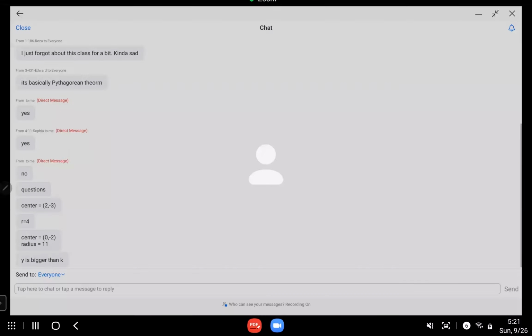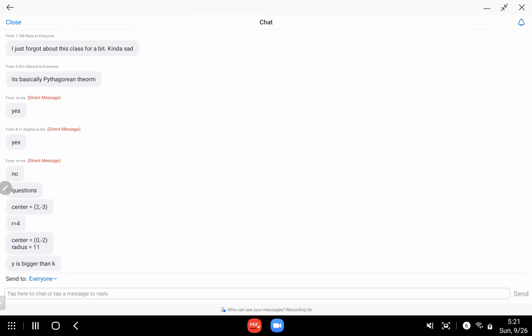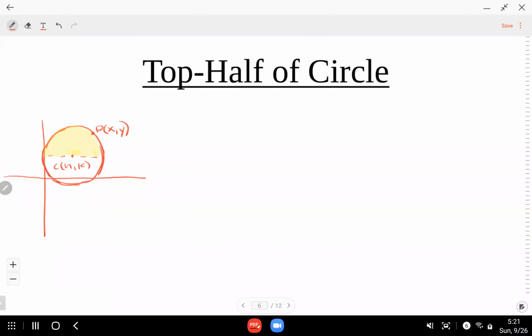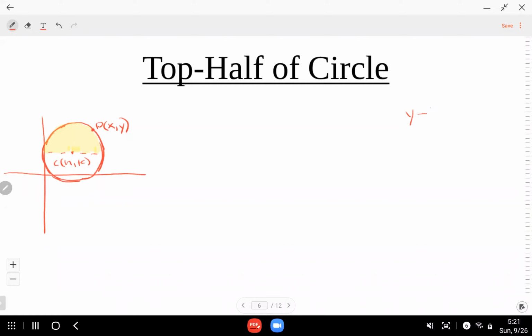Great. Yes. y is larger than k, meaning that y minus k is greater than or equal to 0.